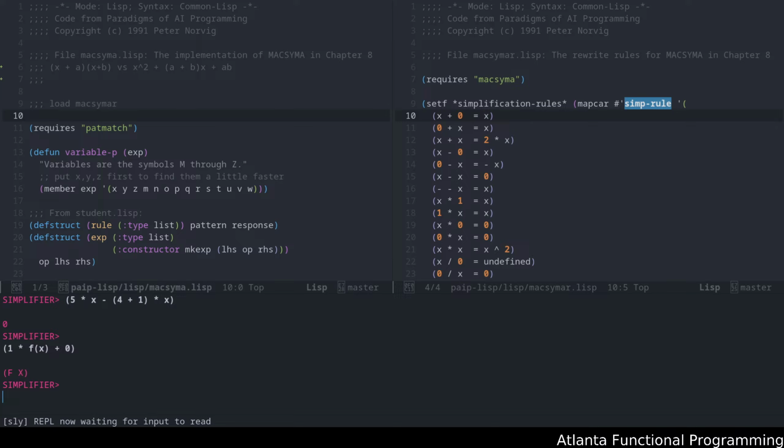So the prefix form is going to be the final answer of that 1 times f of x plus 0. That's just a consequence of the fact that we are leveraging the Lisp interpreter to represent our actual equations when we're doing the simplification.